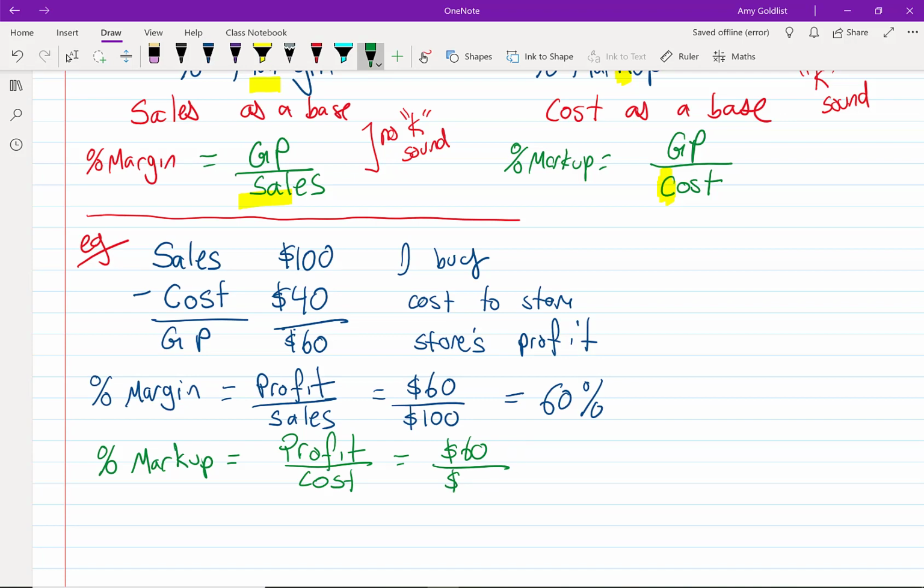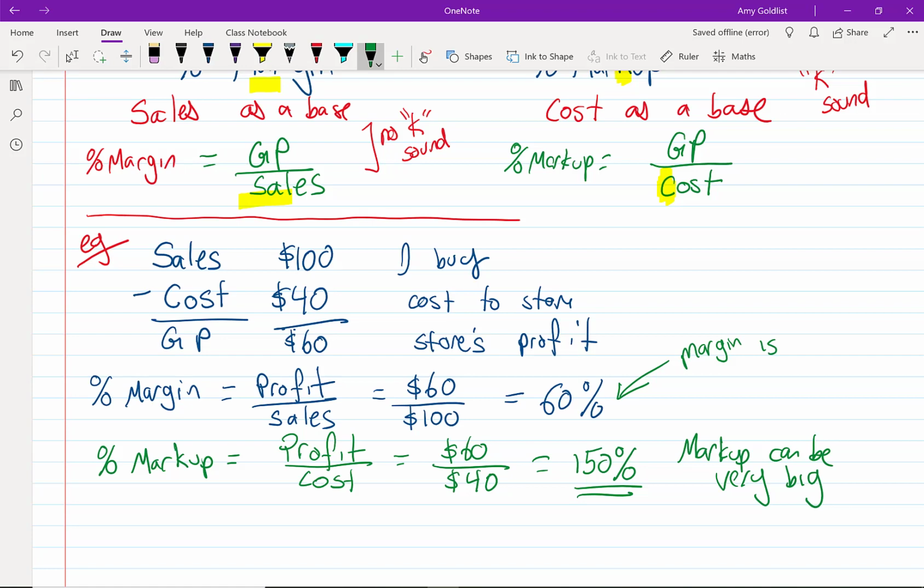The cost is only $40, which gives us 150%. That's okay. I'm going to note that markup can be very big. However, margin is always going to be less than 100%.